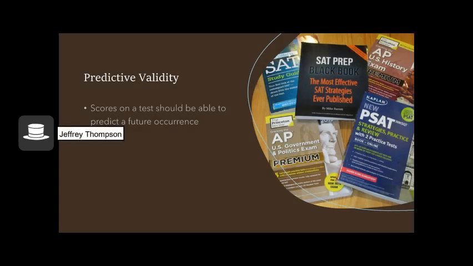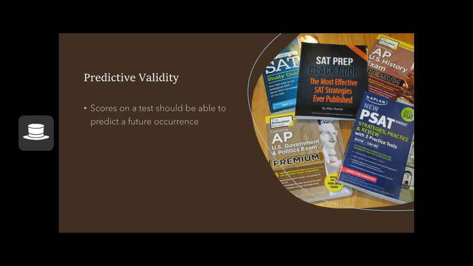Then we have predictive validity, which is whether or not a test can predict some future event, right? So the SAT or an AP exam or the GRE, all those exams don't actually look at what you currently know.